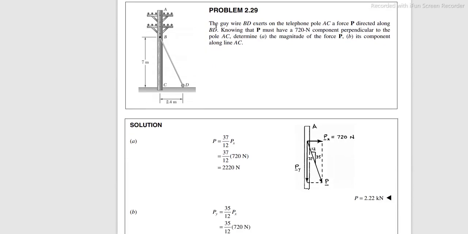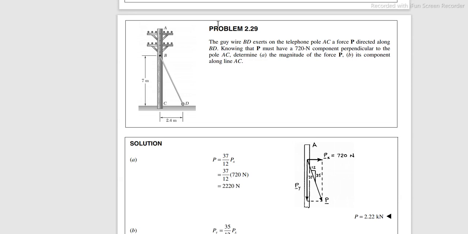Problem 2.29. The guy wire BD exerts on the telephone pole AC a force directed along BD. Knowing that P must have a 720 Newton component perpendicular to the pole AC, determine the magnitude of the force P and its component along AC.